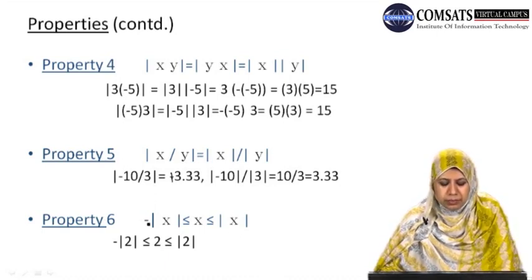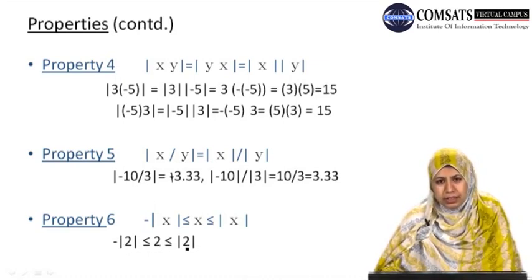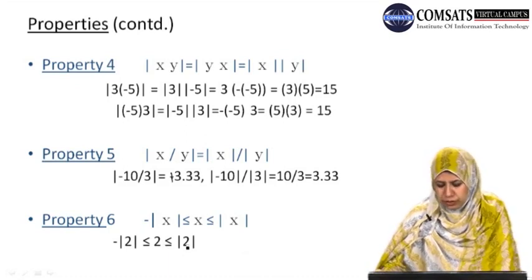That is, minus mod of x is less than or equal to x, which is less than or equal to mod of x. For example, if x is equal to 2, then minus mod of 2 is minus 2, which is less than or equal to 2, which is again less than or equal to mod of 2, which is 2.